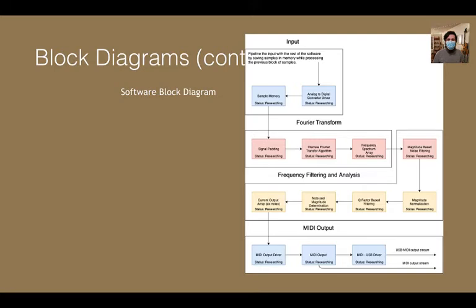In this case, we found that we weren't actually able to use signal padding to increase the resolution in the frequency domain, as it would increase the time of the fast Fourier transform significantly, since the algorithm is not linear. And from there, that outputs frequency spectrums, which we're able to use in the next section.